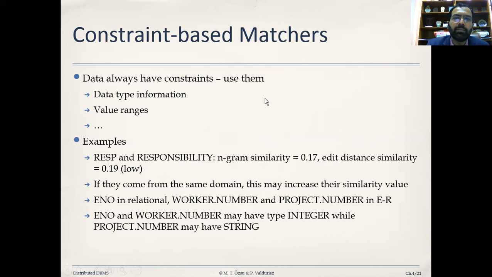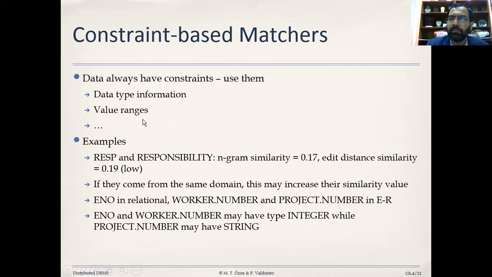Constraint-based methods. When you talk about constraint-based methods, you have to use various ranges. For example, you can check the ranges, and let's suppose you want to match the time allocated in projects, those employees who have been allocated time to those projects. Then you apply certain constraints based on those ranges.